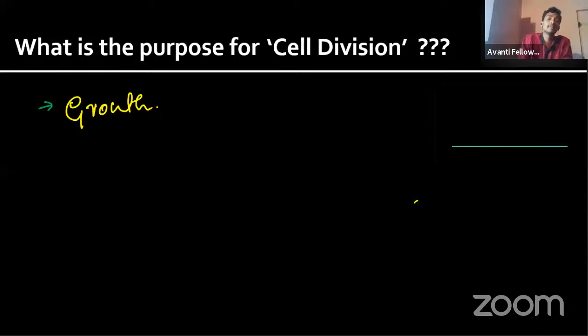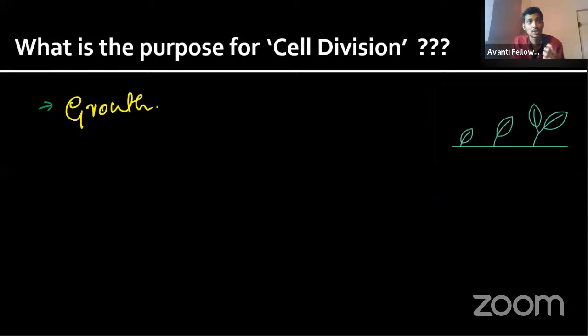And you guys are also growing, right? You are not the same persons you were 5 years ago. When you joined Navodaya for the first time, you were so small and crying about being left in school. But you are not doing that at all now. You have already grown to 5 or 6 feet. The basis of this is cell division.